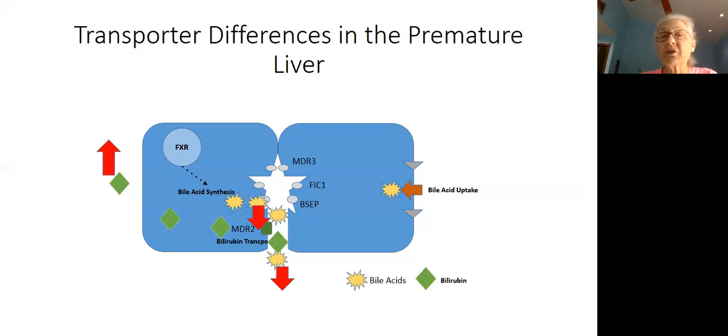And in the premature liver, you have a high amount of heme, but you have very little of the transport protein to get that conjugated bili out. And so you can overwhelm the system, and you may have conjugated bilirubin, but since it can't be transported out, it rises in the serum.